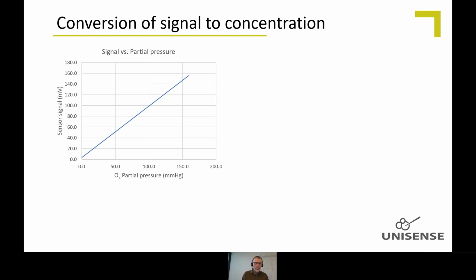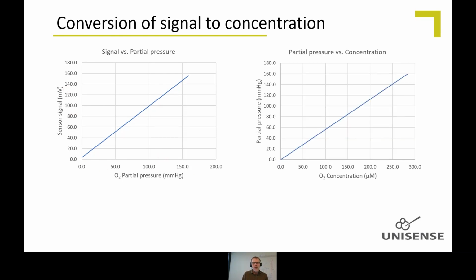What you actually do when you calibrate is establish a relationship between the sensor signal and the partial pressure. You can later use the partial pressure and convert that into a concentration. For example, if you measure 110 millivolts here, you convert that in this case to about 110 millimeters of mercury. You can then convert that to a concentration of about 200 micromolar.